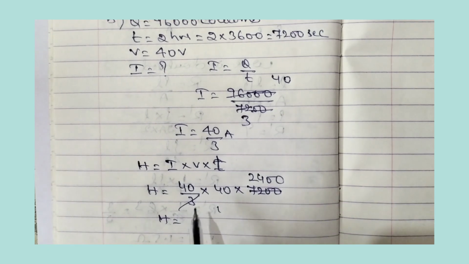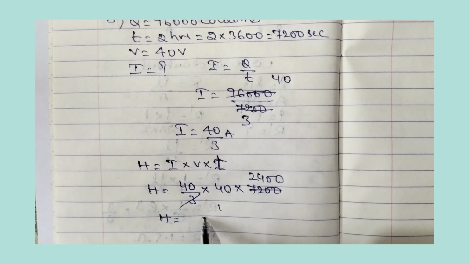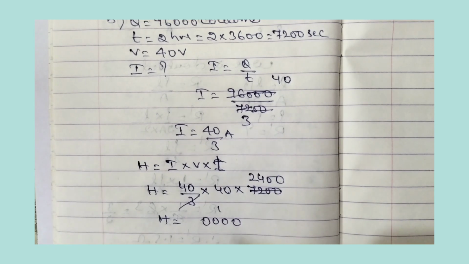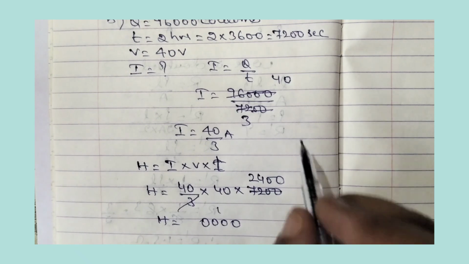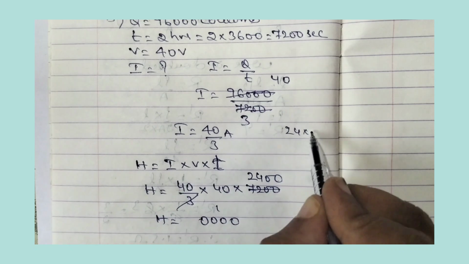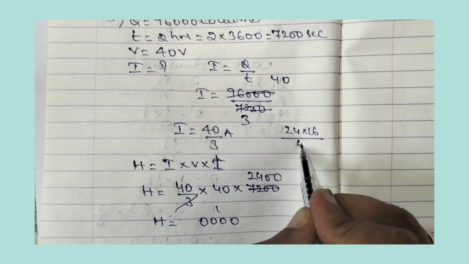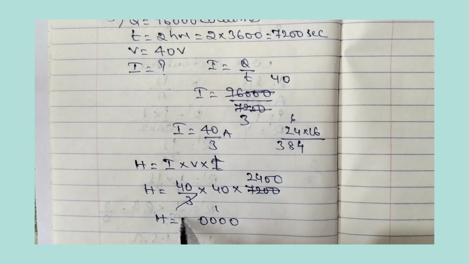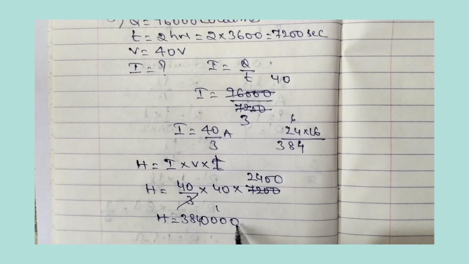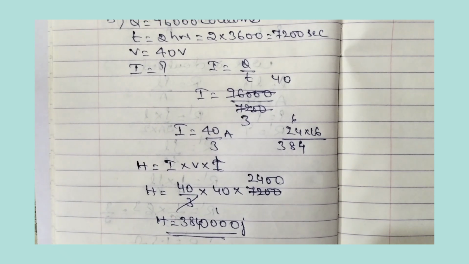So total it will become 1 2 3 4 0. So 24 fours are 16. 24 into 16, if I multiply, we will get 16 fours are 64, 6 carry, 16 twos are 32 plus 6 is 38. So 384 joules. This much heat is generated.